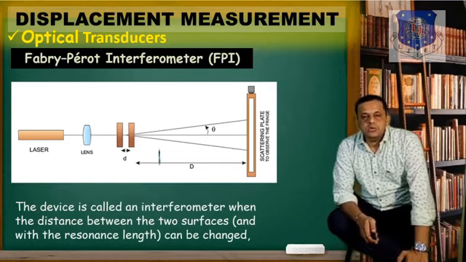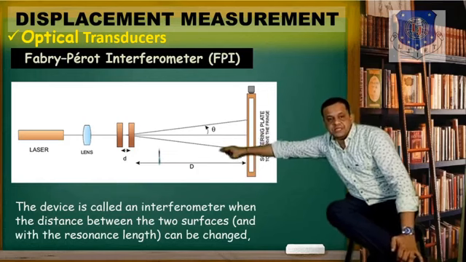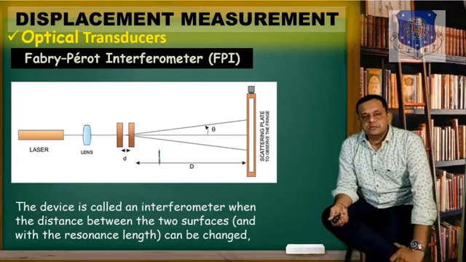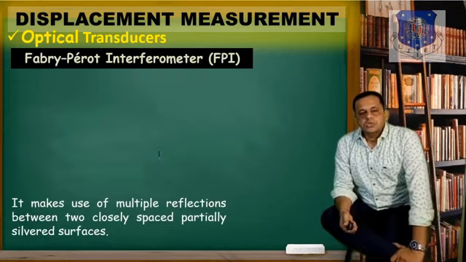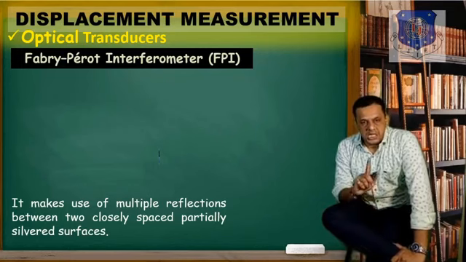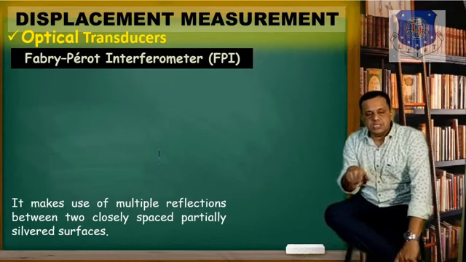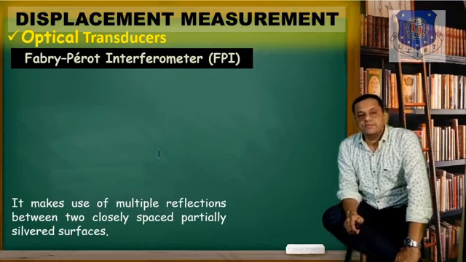Here I am talking about the two surfaces that you can see parallel, and that small d that you have to detect. Capital D will remain fixed. Here it makes use of multiple reflections of rays. I will be showing you one single ray. It will be reflecting between the two silver surfaces.